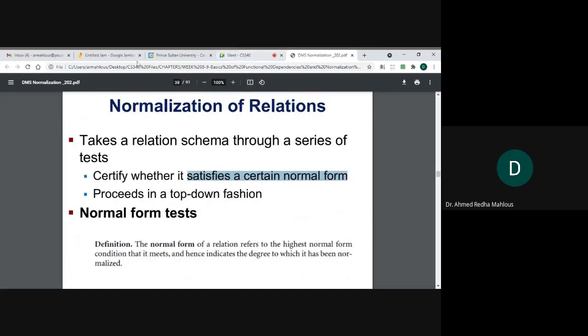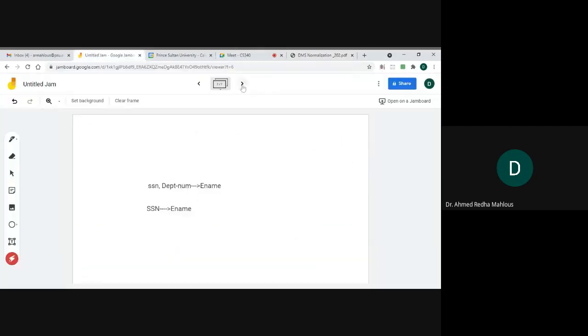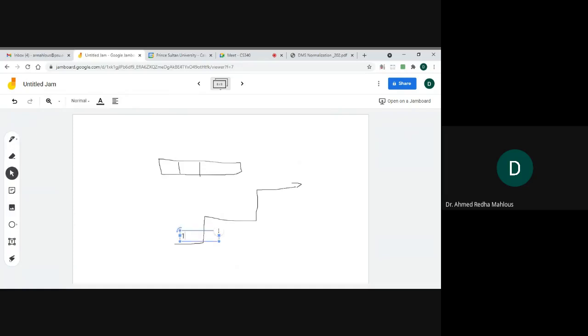Normalization means you will have some relation. Let's say this is a relation that I have defined. Then consider you have 3 levels of goodness. This is the top level, and I will tell you later that this is called 1NF, first normal form.